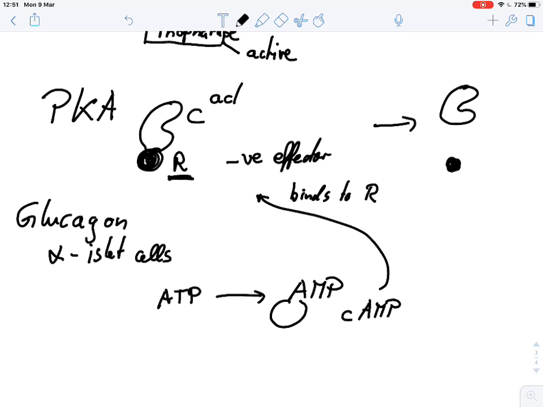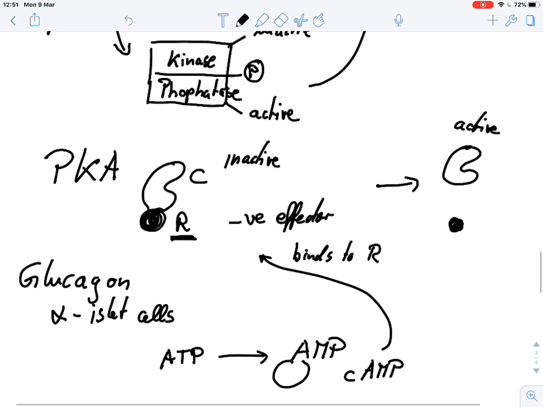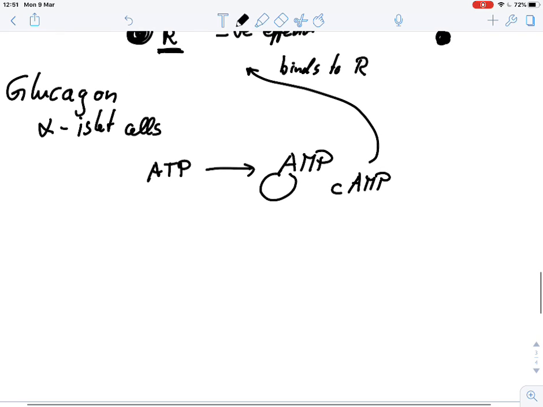And while PKA was inactive with the R unit bound, now it is active without the R unit. So glucagon actually produces indirectly this cAMP. This is also called a second messenger.